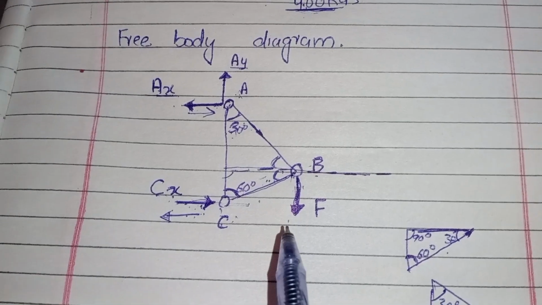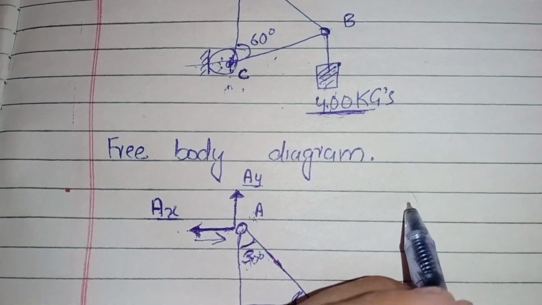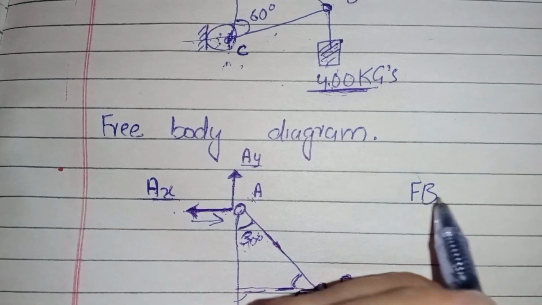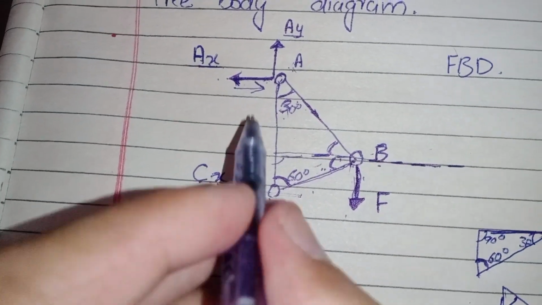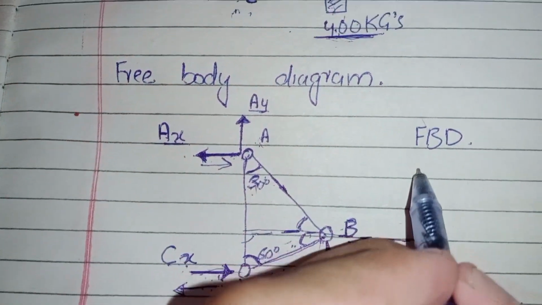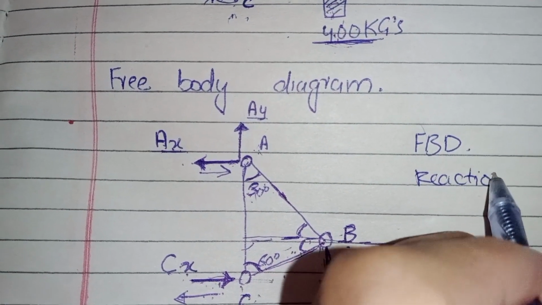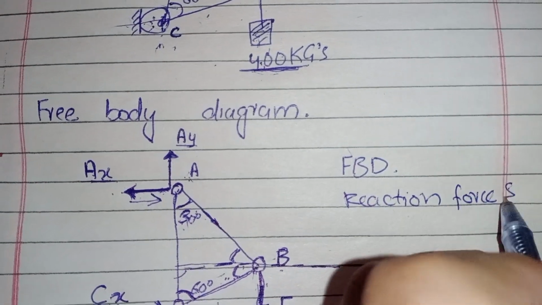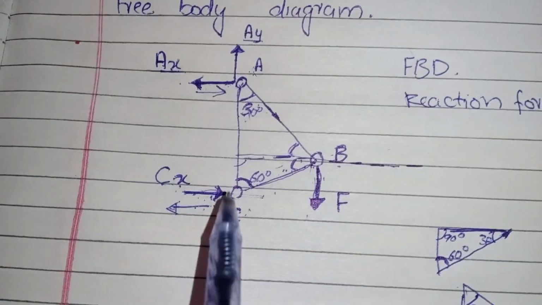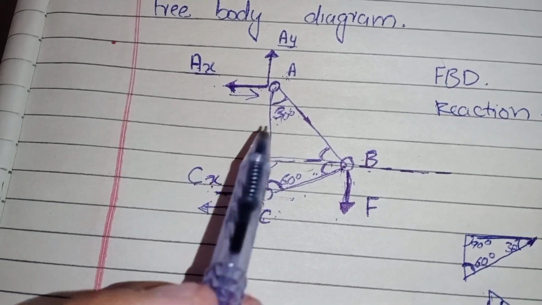Okay. So the first step is you have to draw the free body diagram, FBD, and the second step is you have to show the reaction forces, and the third step is you have to find the missing angles.